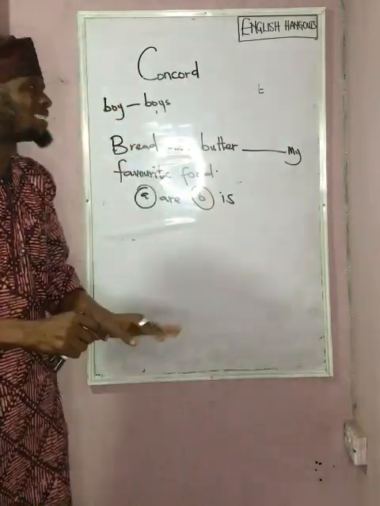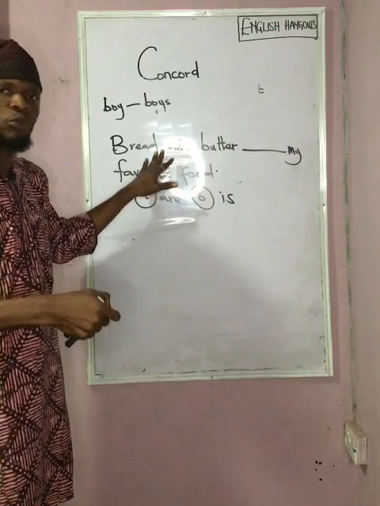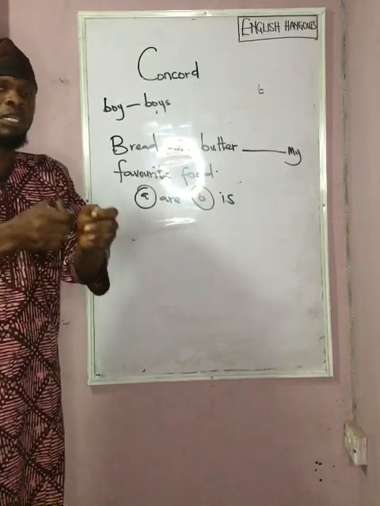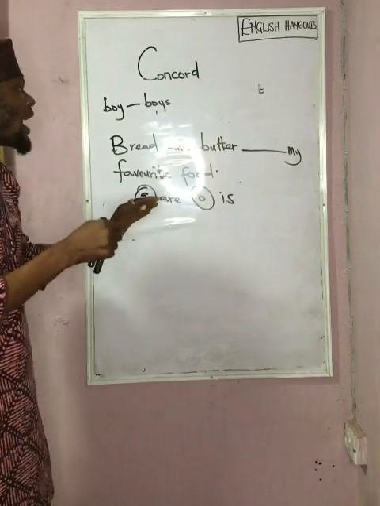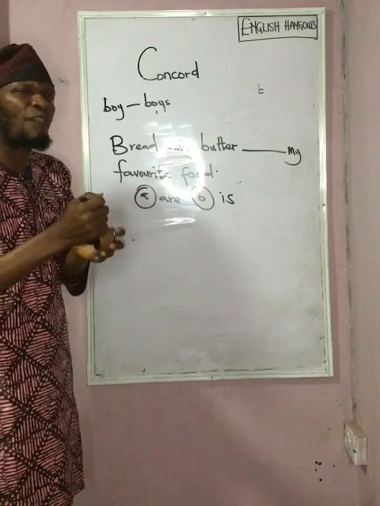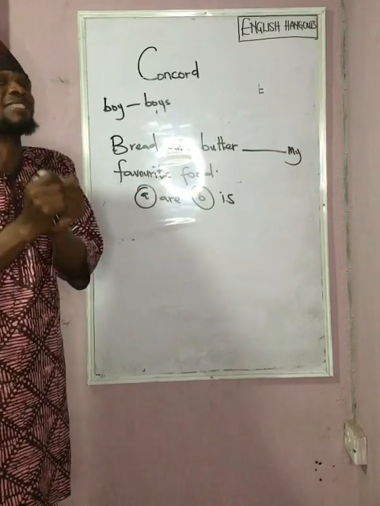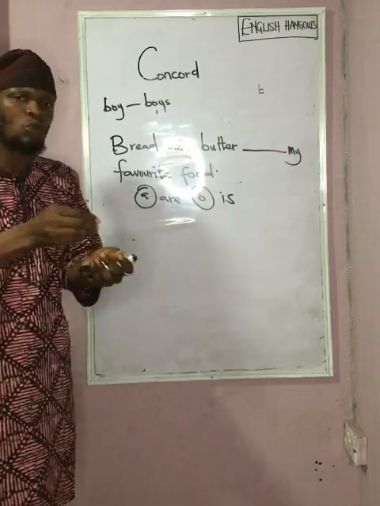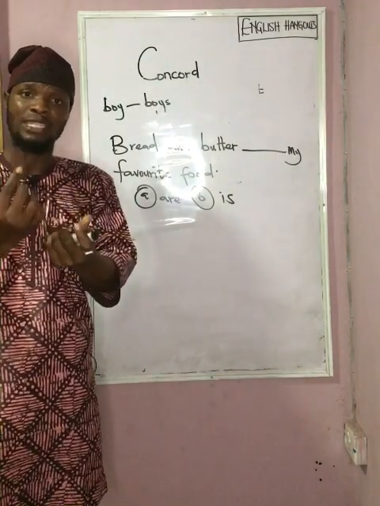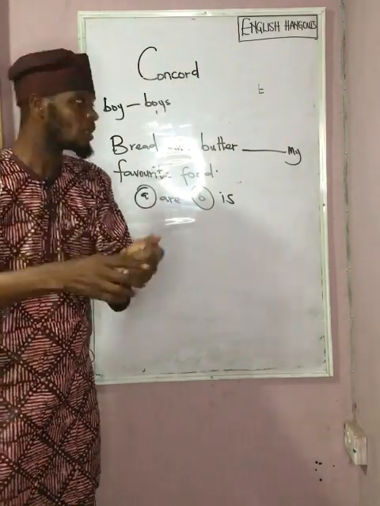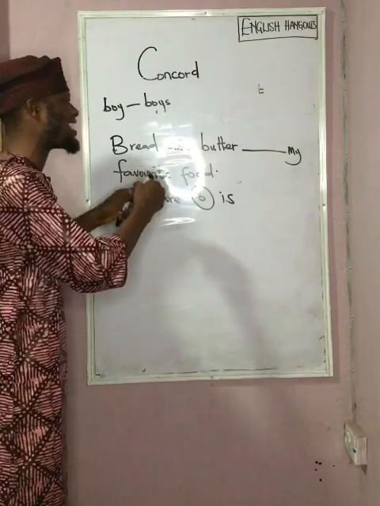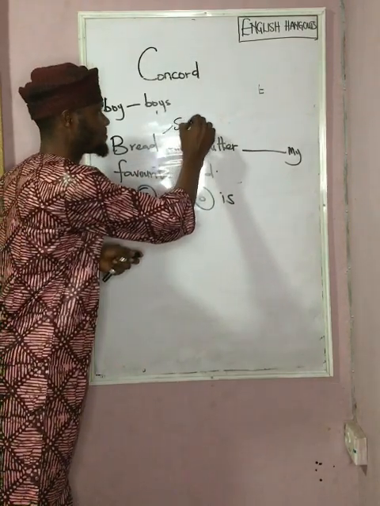On the other hand, in line with the second rule that we are looking at, which is a situation where we have a compound subject, if we have bread and butter functioning as an entity, for example, it is easy to eat bread and butter as a food. They represent just an idea or a concept. As a result, bread and butter here is functioning as a singular subject.